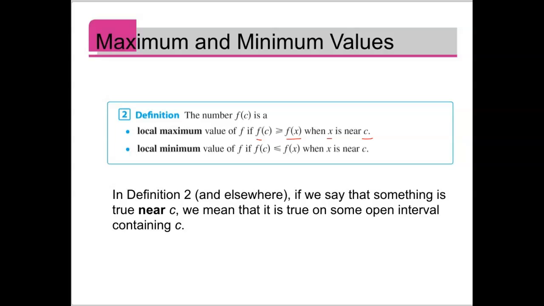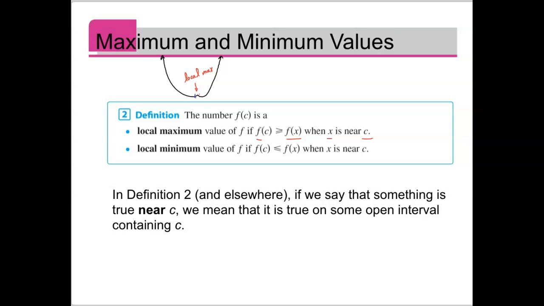So I could have a graph that goes like that. And guess what? That is still a local max. Because even though it's tiny, I can still contain it within an open interval.